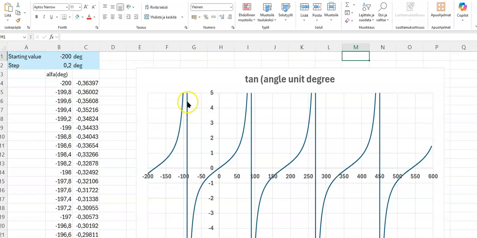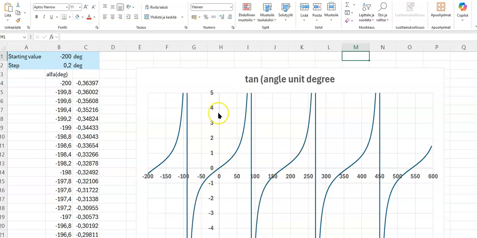Excel draws them, and it is not possible to take those away. But these lines tell us that they don't belong to the tangent curve. The tangent curve is only these rounded curves there.